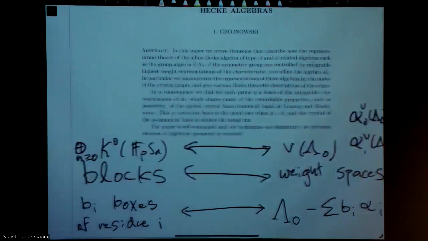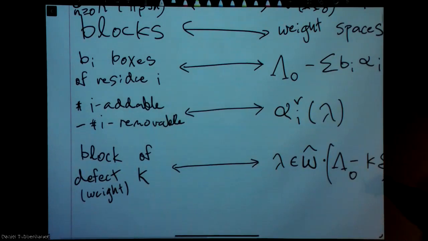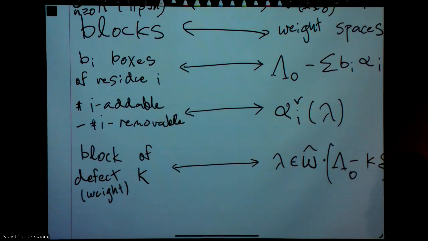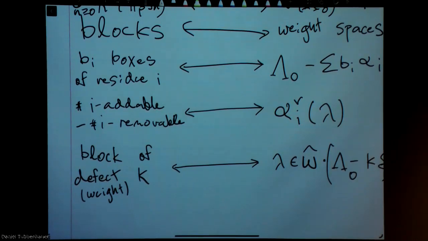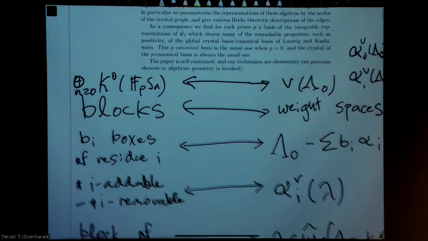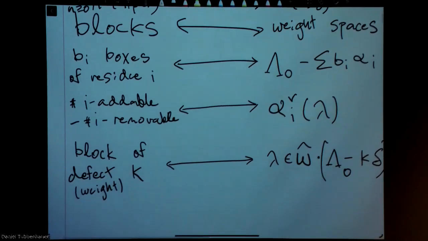So I told you that it's the number of addable boxes of a content minus the number of removable boxes of a content. If I have an empty partition, I have one addable box and it has content 0. So that's why I get the highest weight vector with this one. All right. Any other questions?